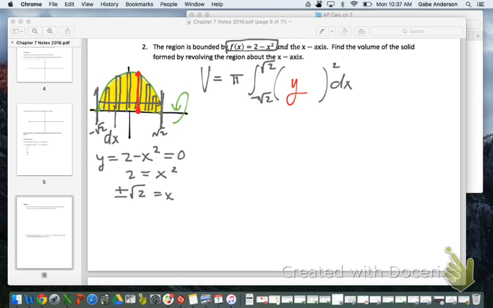But of course, I can't have that in the end because this set of representative rectangles are all dx thick, so everything has to be in terms of x. So the way that I handle that is to recognize that, like before, y equals 2 minus x squared. So I can replace that y with 2 minus x squared, and that gives me the correct radius here.